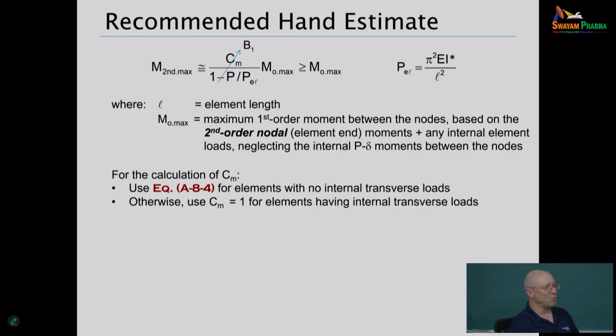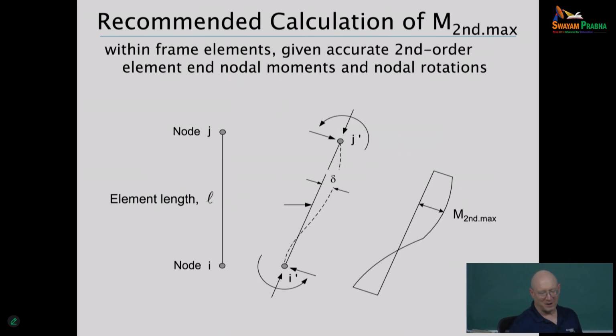The concept I'm trying to pitch here is to consider each element of your frame analysis. We're just going to isolate on that member, and let's put ourselves in a coordinate system that rotates with the member.